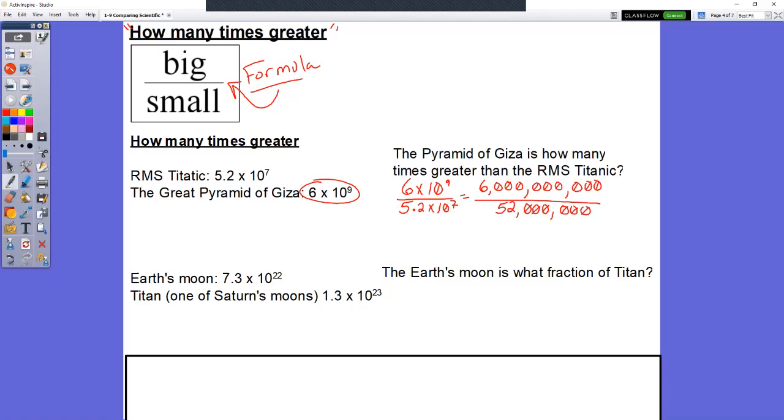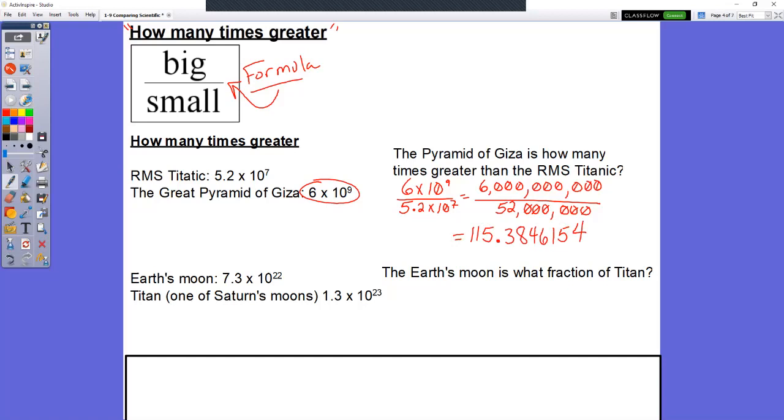And when we divide that out, we get 115.3846154. That would be your answer as far as how many times greater.